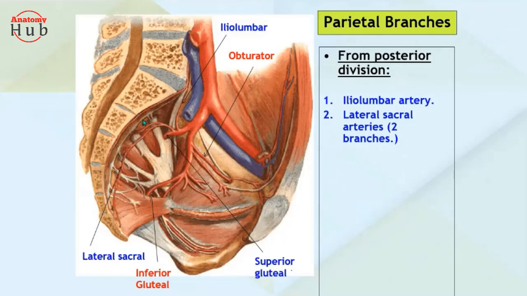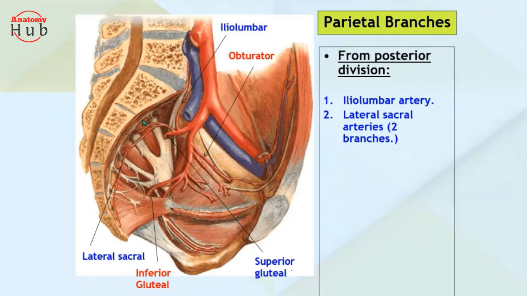The median sacral artery is not a branch of this iliac artery, it is coming directly from the abdominal aorta, okay. So at the sacrum you will find one is your median sacral artery, which is coming from the abdominal aorta, and the lateral sacral artery at the two margins of the sacrum. That is the branch of your internal iliac artery.